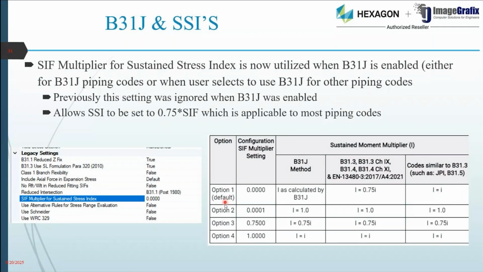For a multiplier of 0.001, your sustained stress index would equal 1 for all cases. And if I set my SIF multiplier as 0.75, for the B31J method itself, it will be applicable as 0.75 times SIF in most of the cases. And if I set it as 1, the SSI and SIF will be equal for all the calculations.